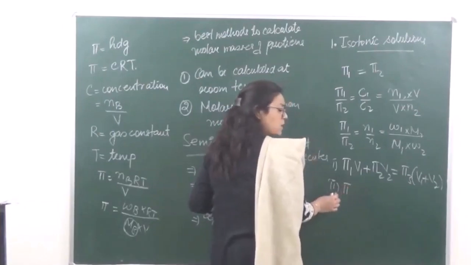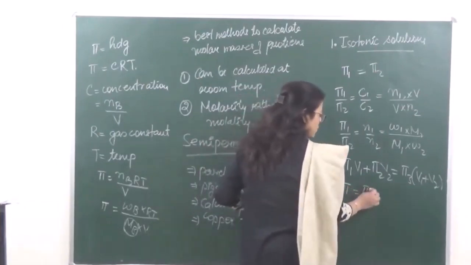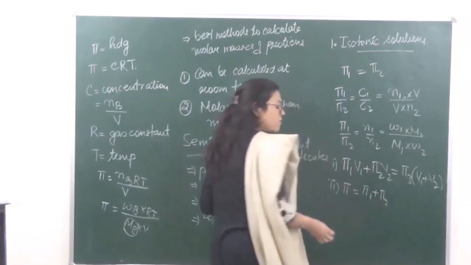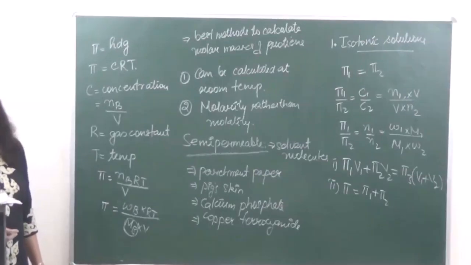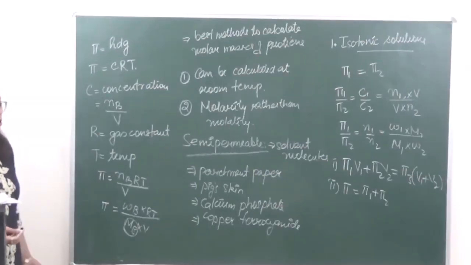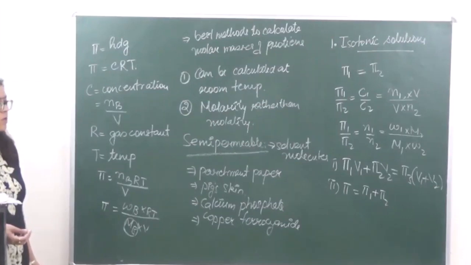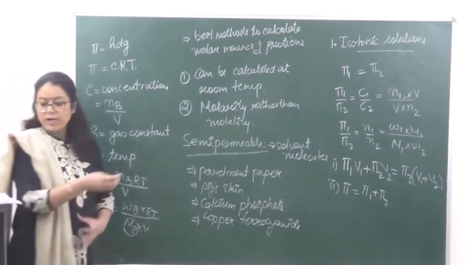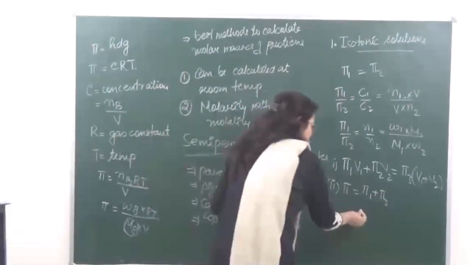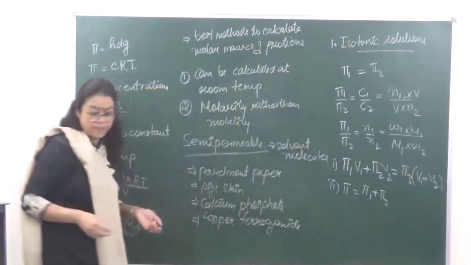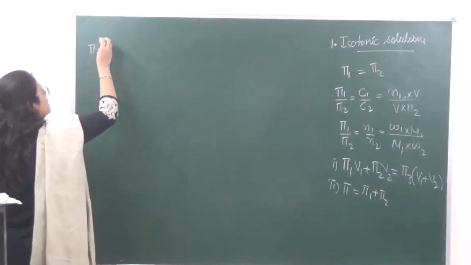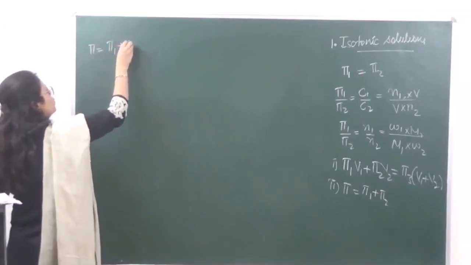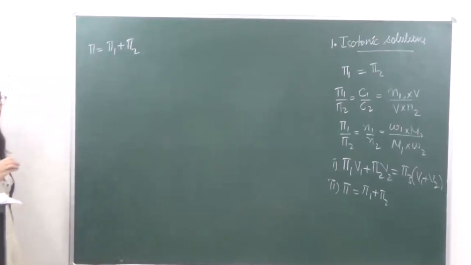Another case, the total osmotic pressure of two solutions is equal to pi 1 plus pi 2. Okay, so pi 1 is the osmotic pressure of the first solution, pi 2 is the osmotic pressure of the second solution. Now let's write it this side. What did we say? That if we have two solutions, then the total osmotic pressure is equal to pi 1 plus pi 2.